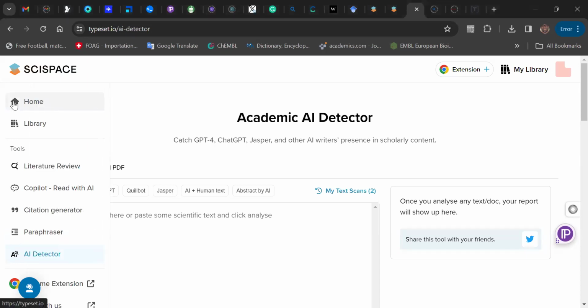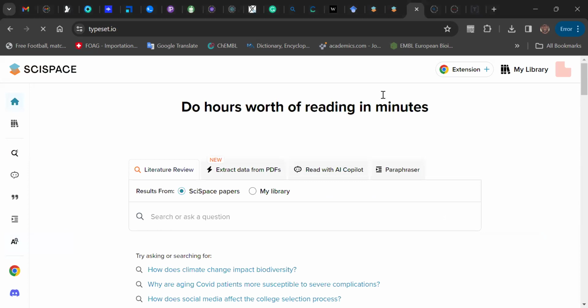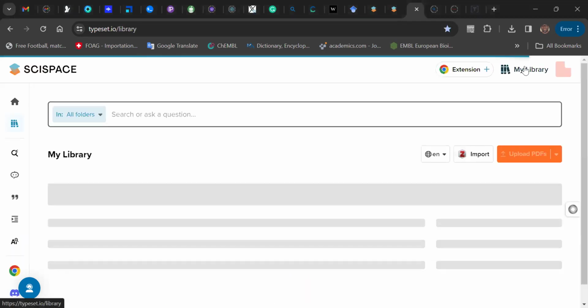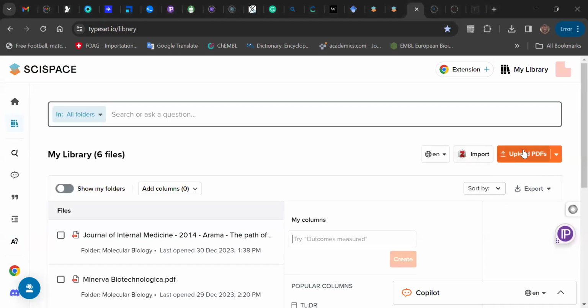If you go to home, you can see my screen. You can see where the library is. I'm clicking on the library now. You see the upload PDF here. You click on upload PDF.